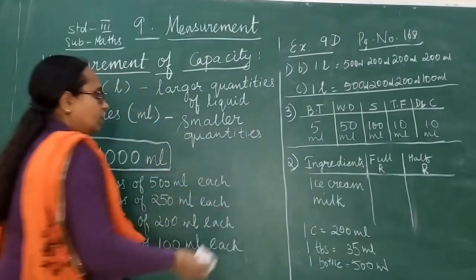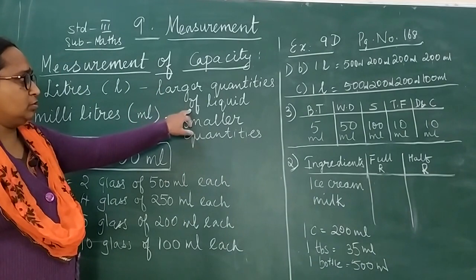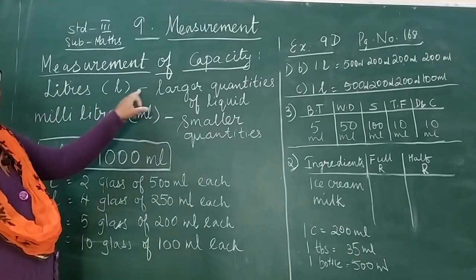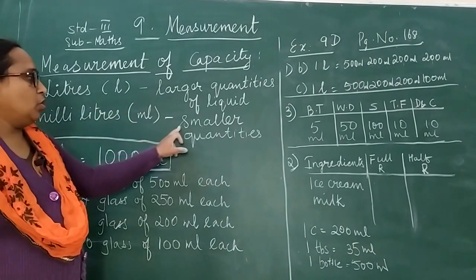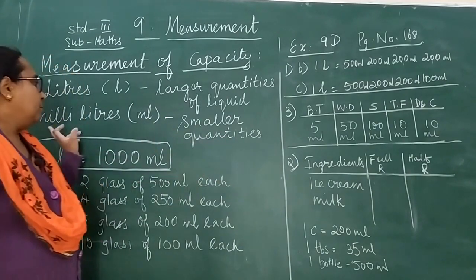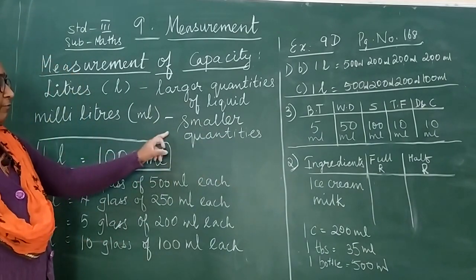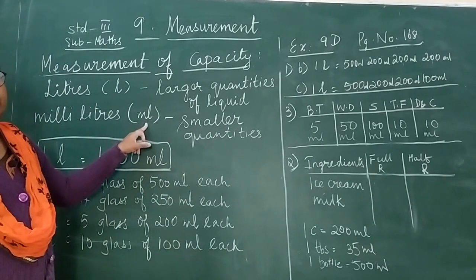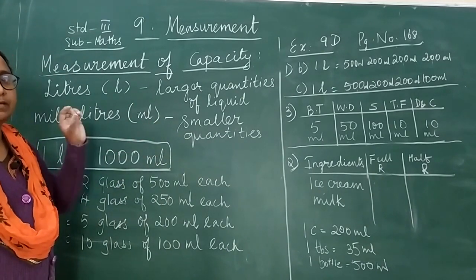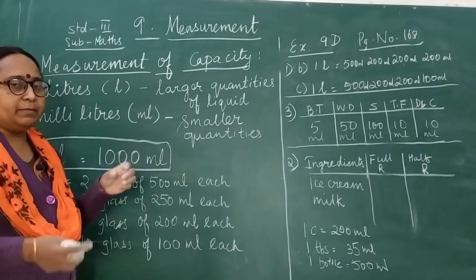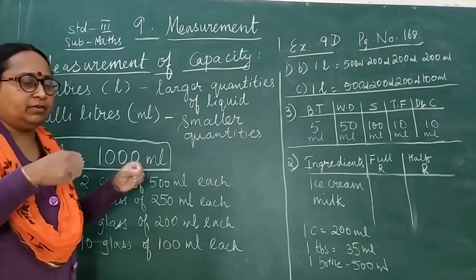So when you measure large quantities of liquid, you measure it in liters, and when you measure small quantities of liquid, you measure it in milliliters. Mostly for medicines we use 1 ml or 5 ml, and we measure it, put it in a spoon and then drink.